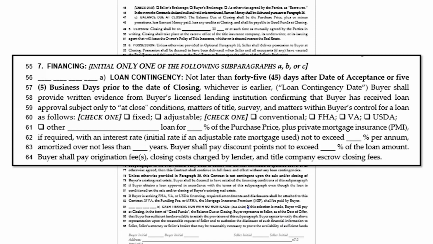The reason this is here is so that your buyer is stating, if I can't get this 5.5% amortized over 30 years with paying 1% of the loan amount for my discount points, then I'm not buying this house. So this is to make sure that the buyer has some parameters around what his mortgage is going to be.